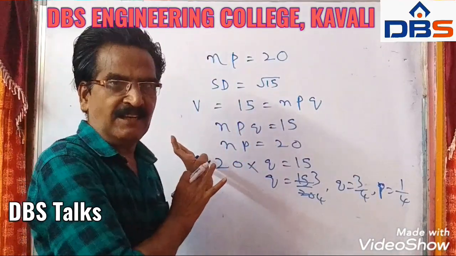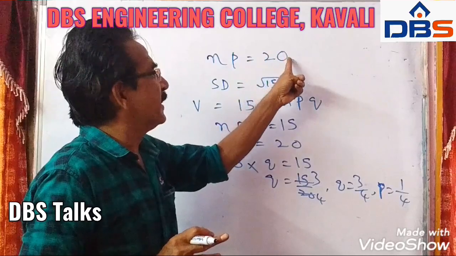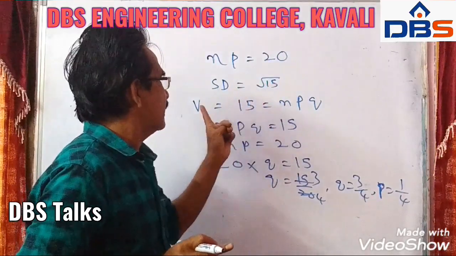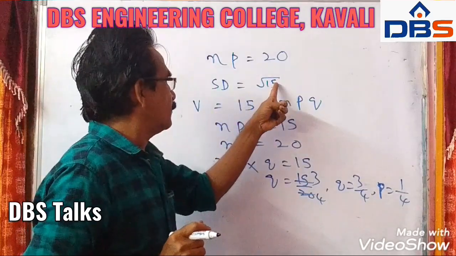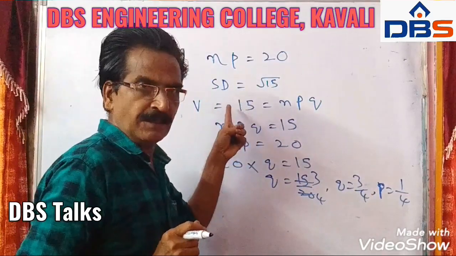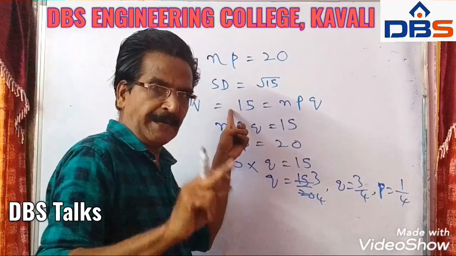So from the given data, standard deviation root 15 means variance becomes 15. Variance is equal to NPQ.